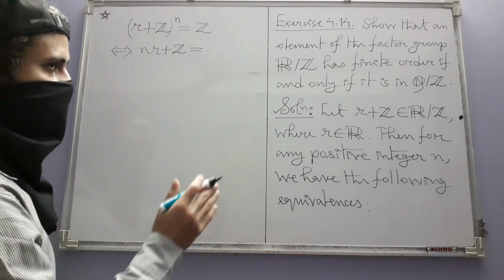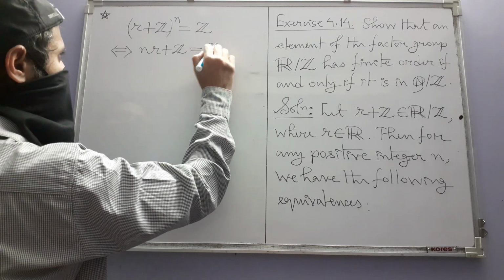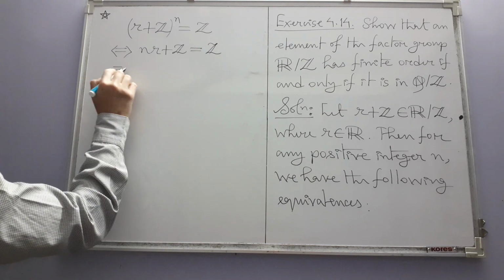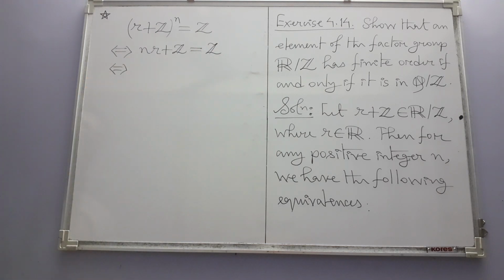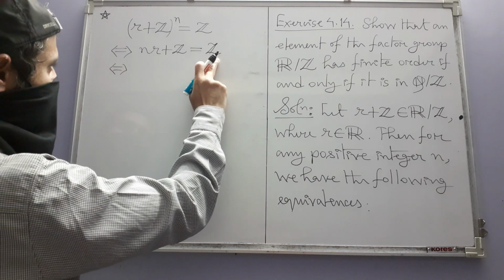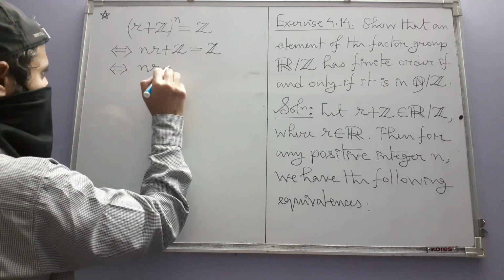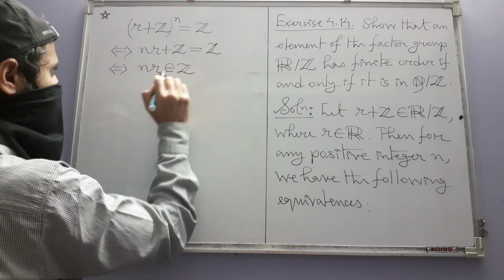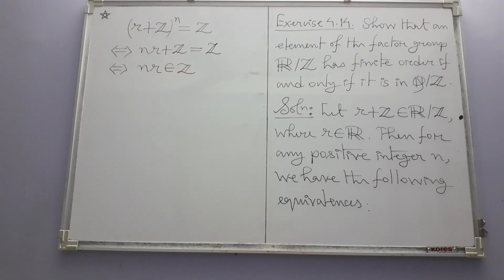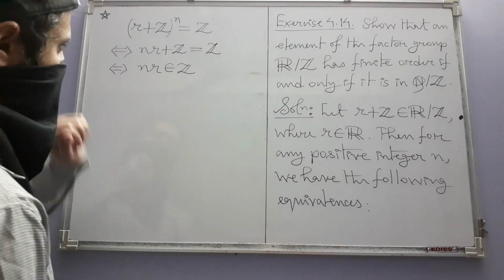It's just a matter of notation, okay? Which is equivalent to what? Now this will be the case if and only if nr is an integer. Okay, now here lies everything.